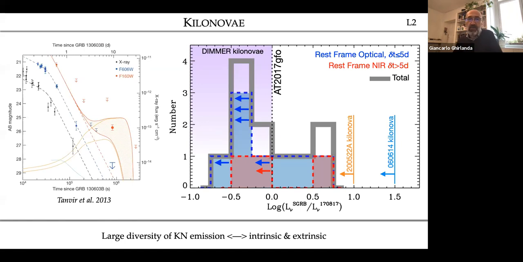Kilonovae were somehow called into the game even before 170817, because this is a subject that started to be developed in the 70s, and for different reasons.